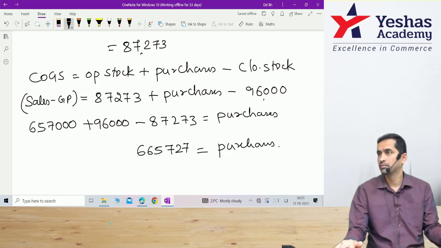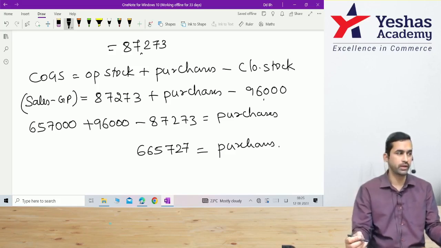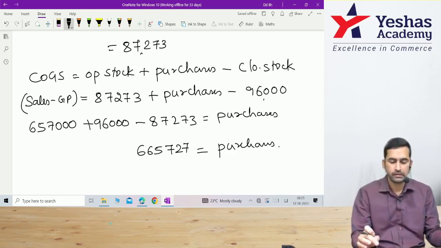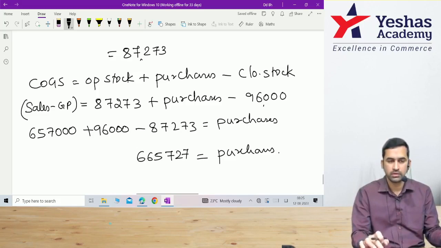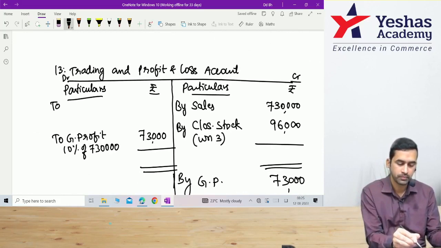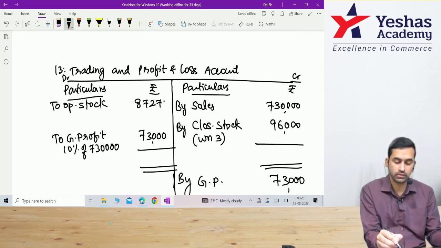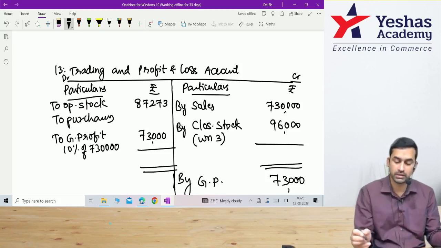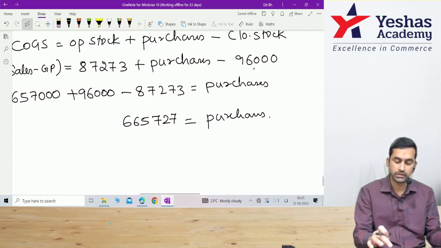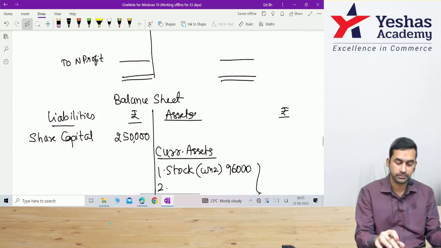Correct. Can we fill this in the trading P&L account? I'll first fill opening stock 87,273 and then purchases 6,65,727.